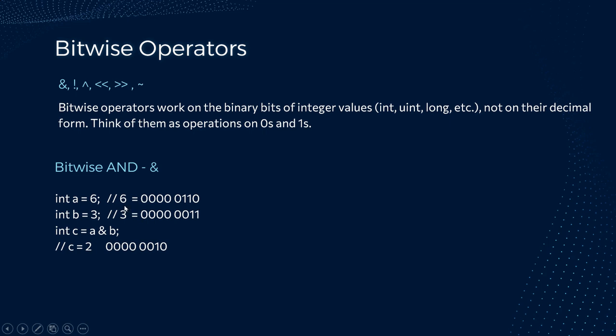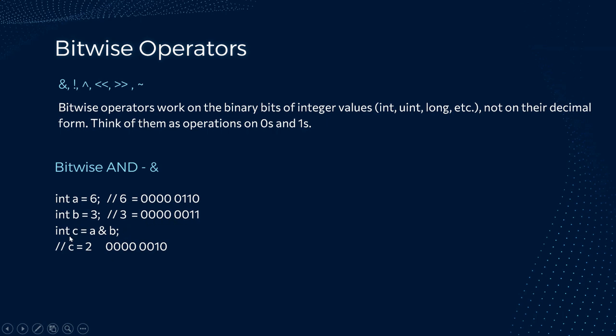So 6 is 0000 0110, and 3 is 0000 0011. These are the 8-bit representations of these decimal numbers. Now you must be wondering how it is converted from decimal to binary, right? I will be discussing it in the next slide.